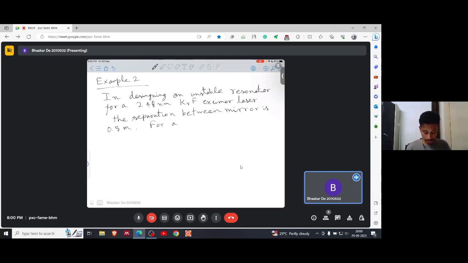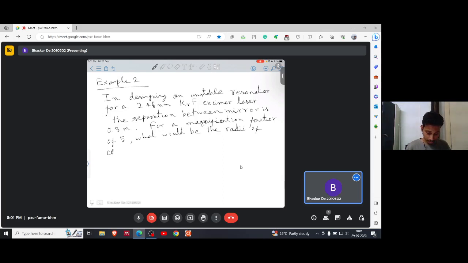Now for a magnification factor of 5, what would be the radius of curvature of both the output mirror and the rear mirror?